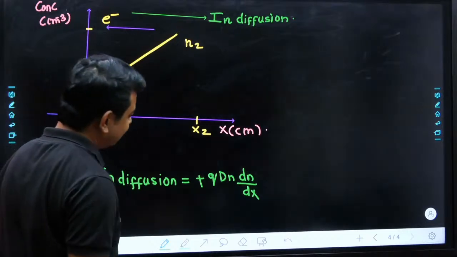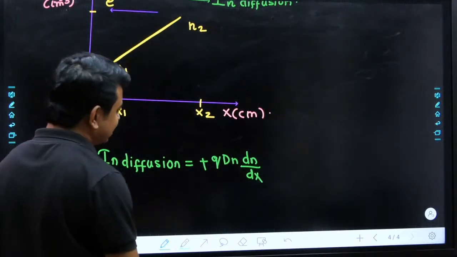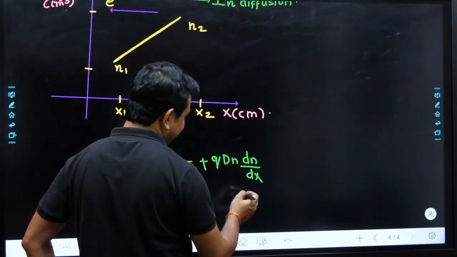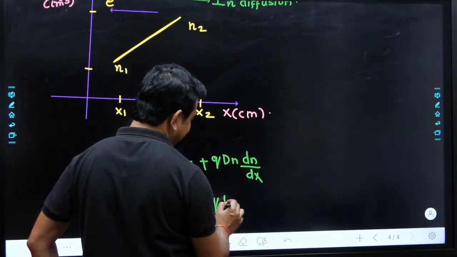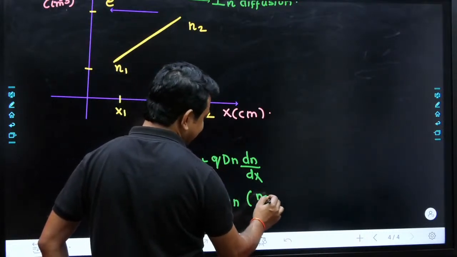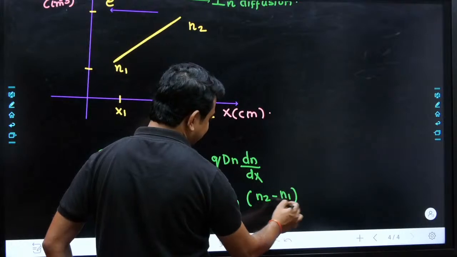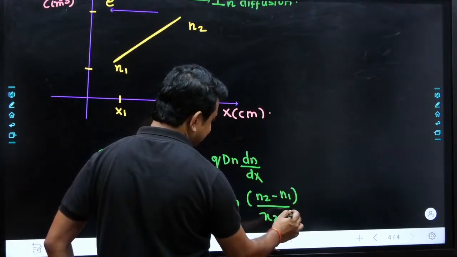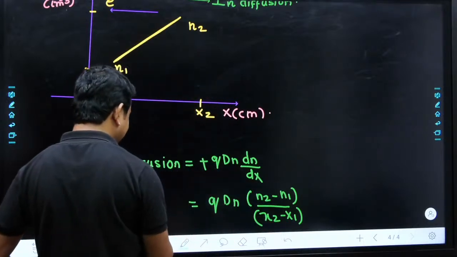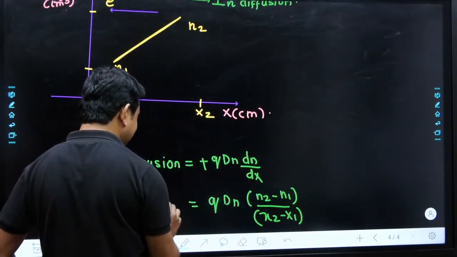The reason is that in this equation, the value of dN by dx, with q, and if the change is linear, is n2 minus n1 divided by x2 minus x1. The similar thing we have to put here, and we are finding the In diffusion.